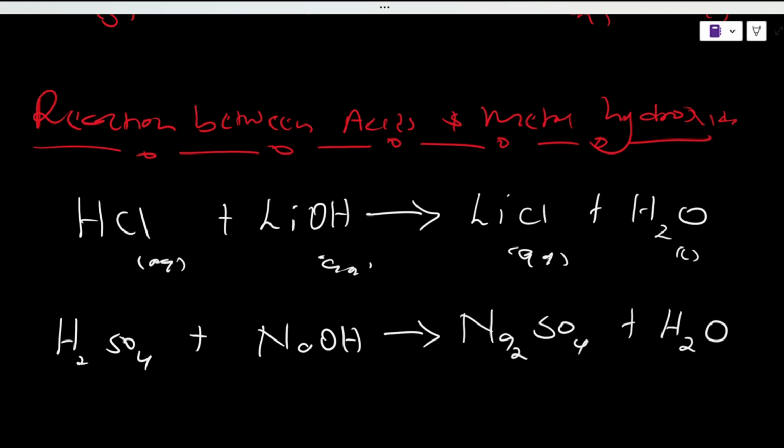So to balance it, hydrogens are 2 that side, hydrogens are 3 this side. So what do I need to do? I need to look for a number that when I put somewhere it's going to order everything. So I can decide to put a 2 here. Hydrogens are 4 now. How do I make hydrogens this side 4? By simply putting a 2 here. So hydrogens are 4. Then if you look at it very well, you realize that it is balanced by just doing that.